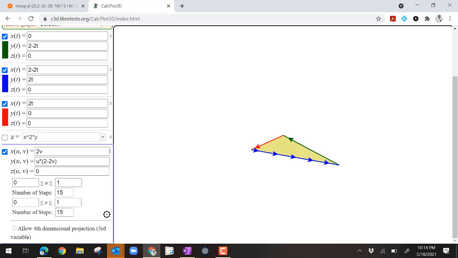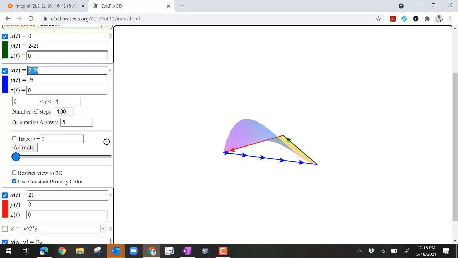Now we want to remember that we want to see this up along the surface. It looks like the parameterization that's going along the axis stays at 0, which is what we saw, but now this blue parameterization needs to go up on the surface.